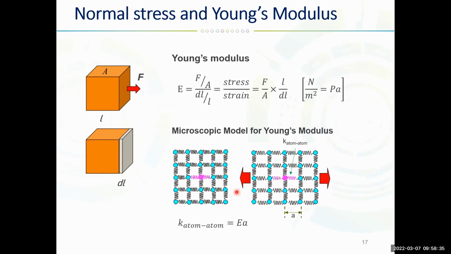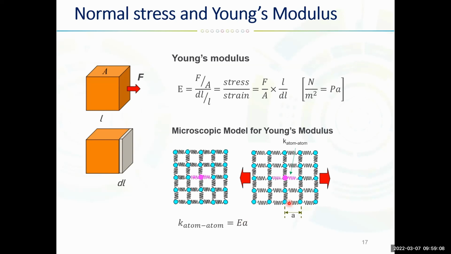So we can define how force is applied to each atom in the solid. Briefly, I will not put in all the calculation. The ratio of the stress and the strain is identified as the Young's modulus, capital E. As a result, the spring constant between atoms is equal to E times the interatomic equilibrium spacing, the spacing between atoms.